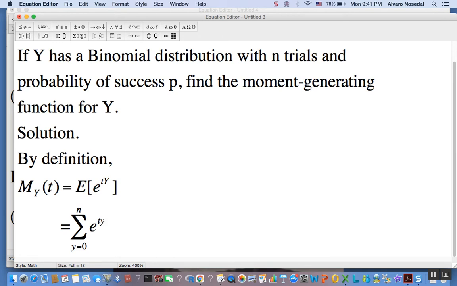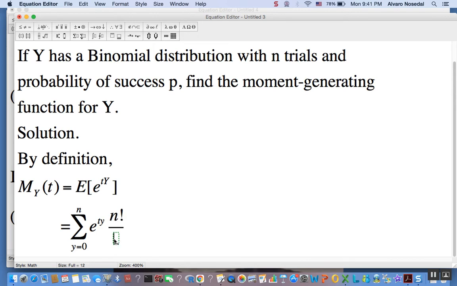So the probability mass function for a binomial random variable we know is going to be n choose y. Let me write it down here.